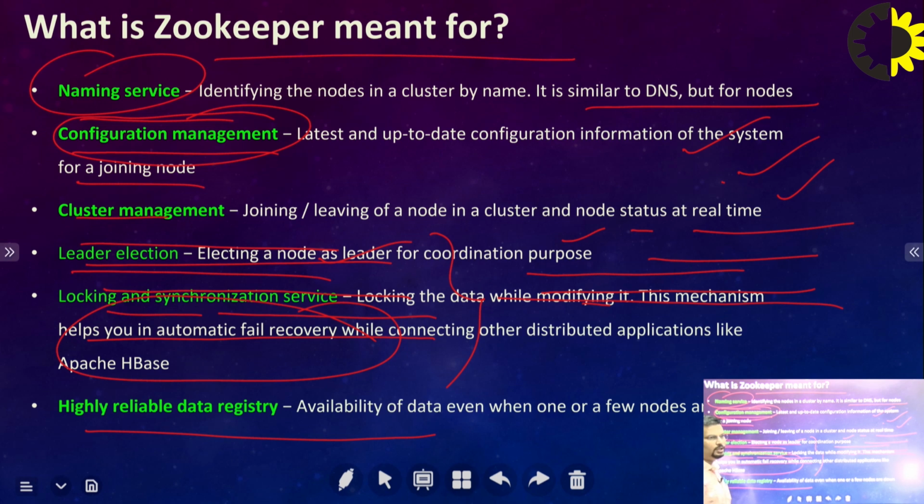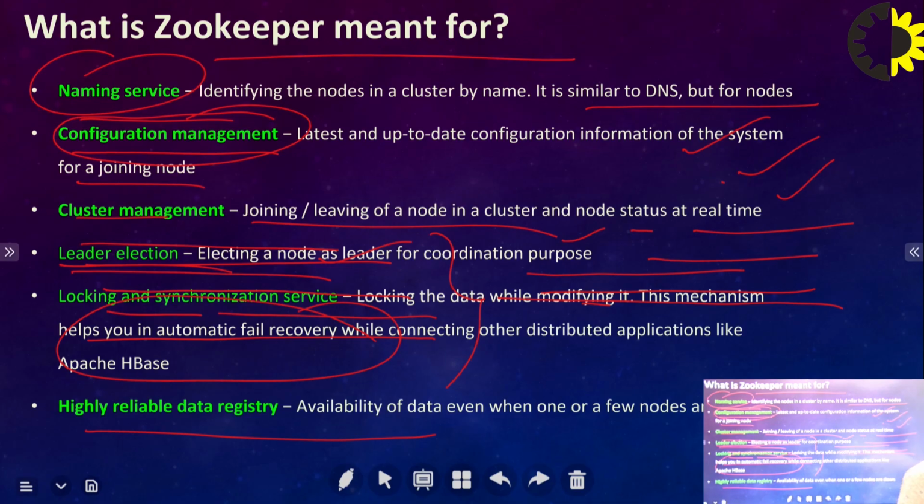Next, cluster management: joining and leaving of a node in the cluster, and node status in real time. Next, leader election: electing a node as a leader for coordination purposes. Next, locking and synchronizing services: locking the data while modifying it helps you with automatic failure recovery while connecting to other distributed applications like Apache and HBase.